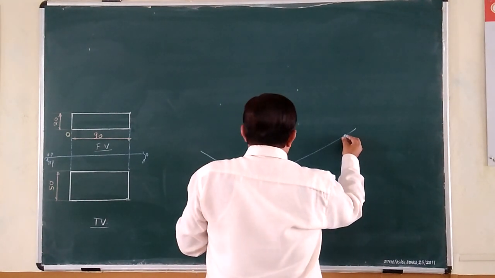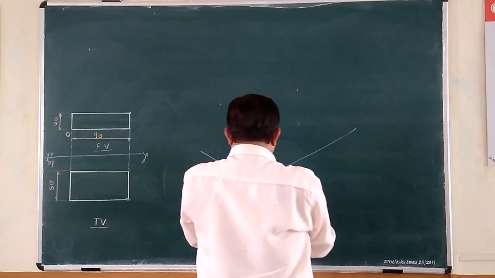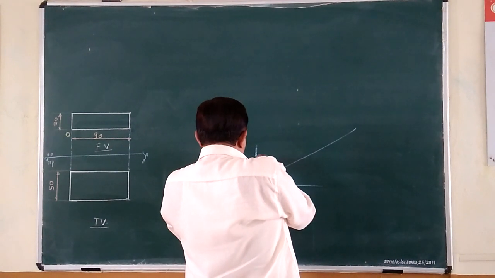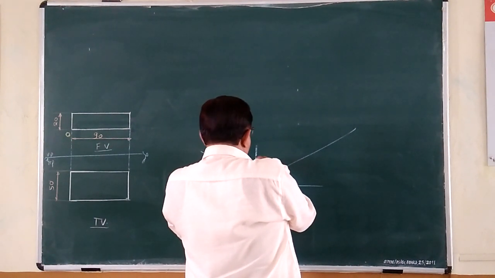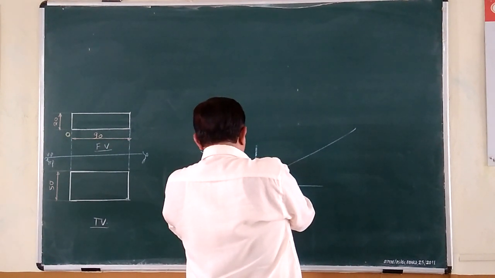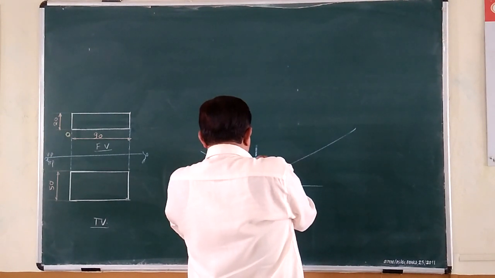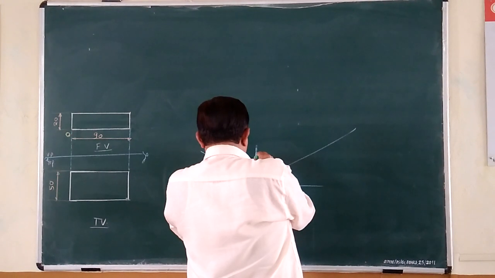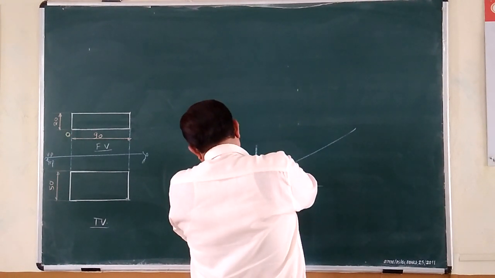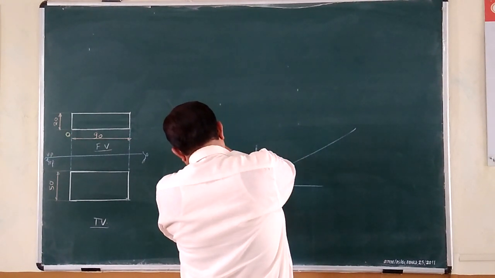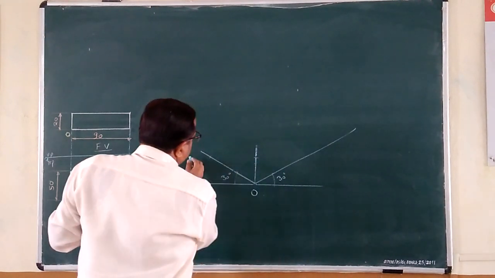Suppose this one is the 90 mm. Height is 20. 20 mm is its height, so I will approximately take this much as 20 mm. Width is 50 plus 20 plus 10.